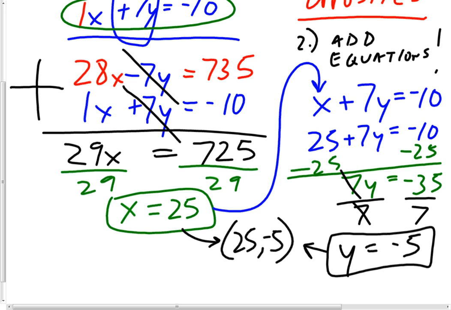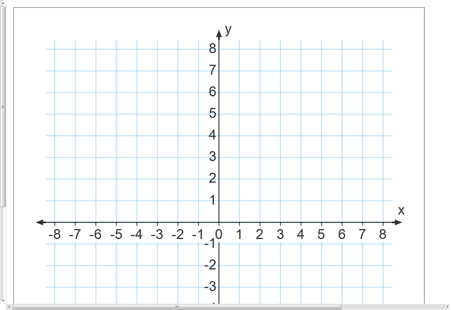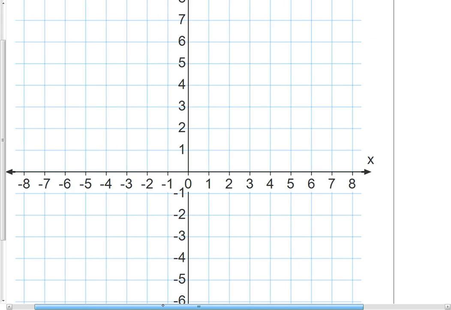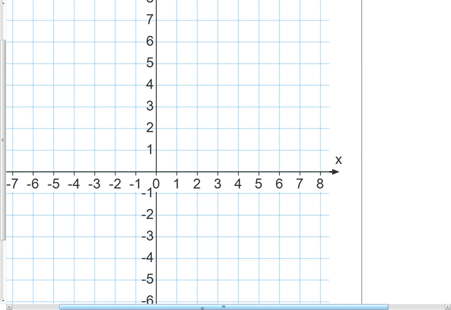Last one. After I finish the last problem, I'll go on.